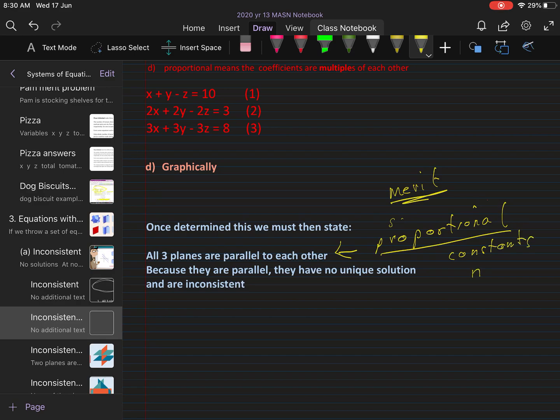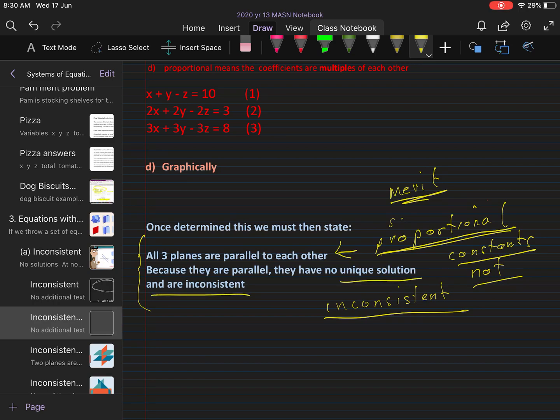When all three equations have coefficients that are proportional, but the constants are not, then you have an inconsistent situation. So your statement has to be this: all three planes are parallel to each other, they have no unique solution, they are inconsistent. And instead of saying no unique solution, we can just say no solution.